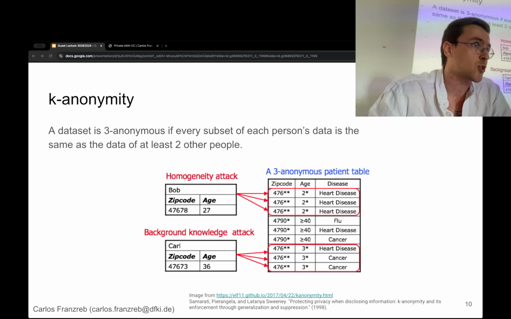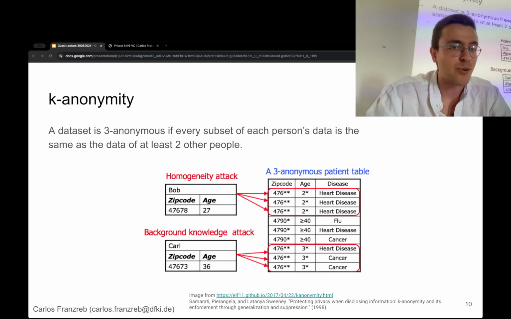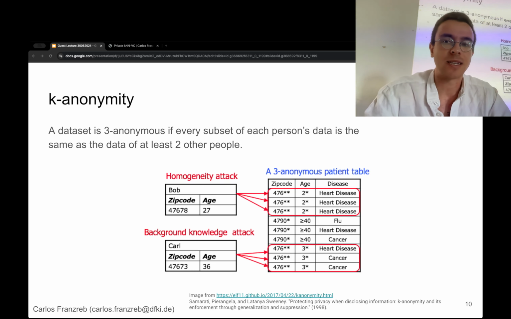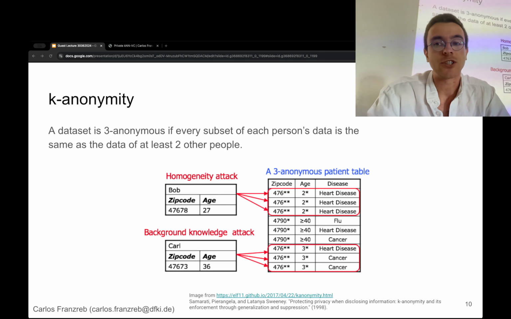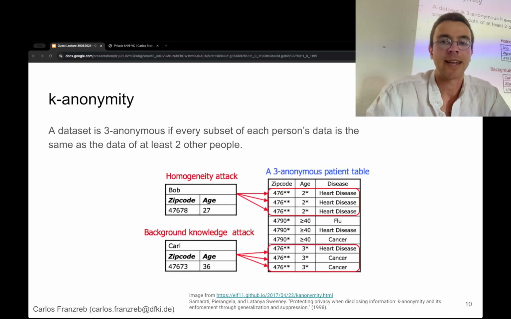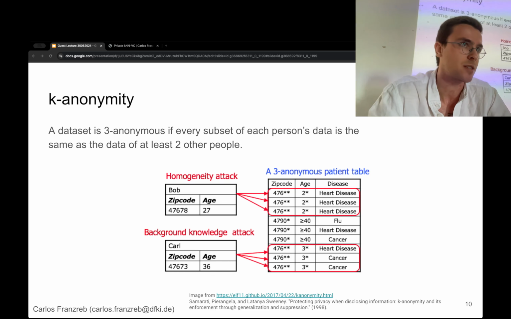But this is actually already the first flaw of this system, which they call the homogeneity attack, which basically says that because all 3 records share the same medical diagnosis, the attacker can infer that attribute for everyone in that group, right? So it doesn't matter if there's 3, if they all have the same data, you know that each of them has a heart disease.